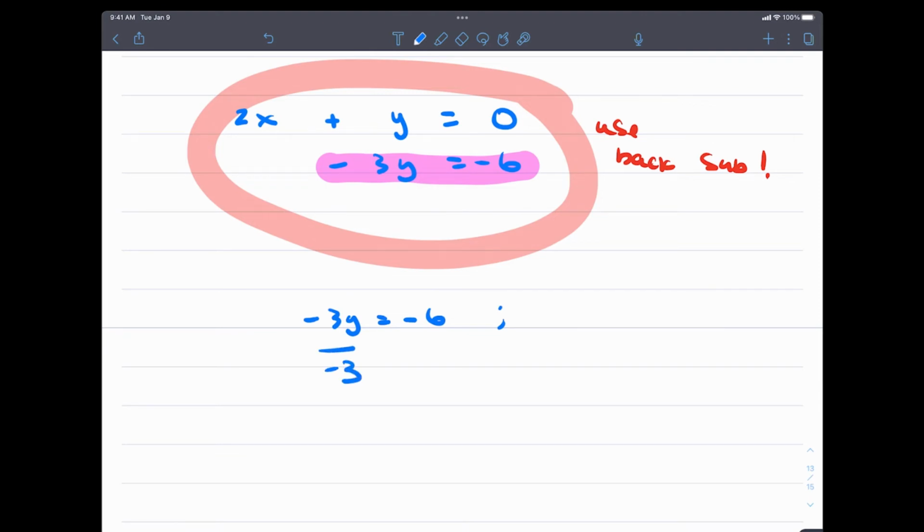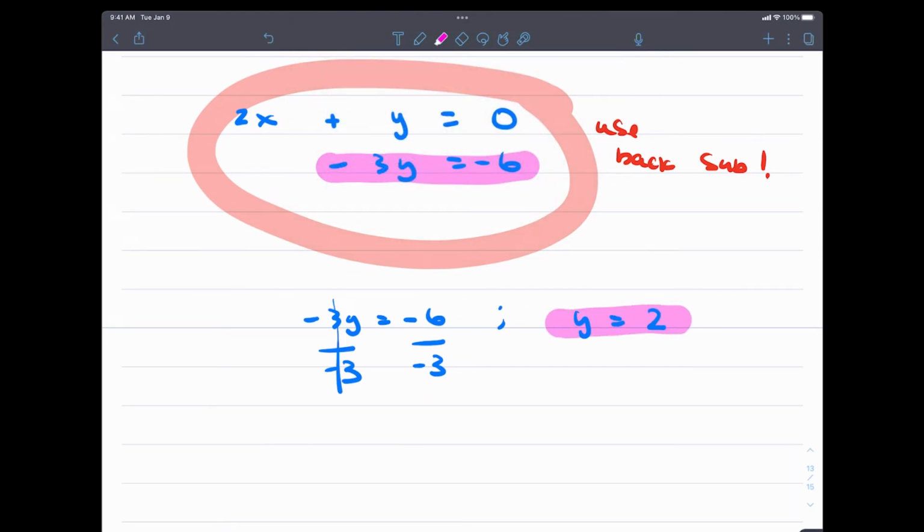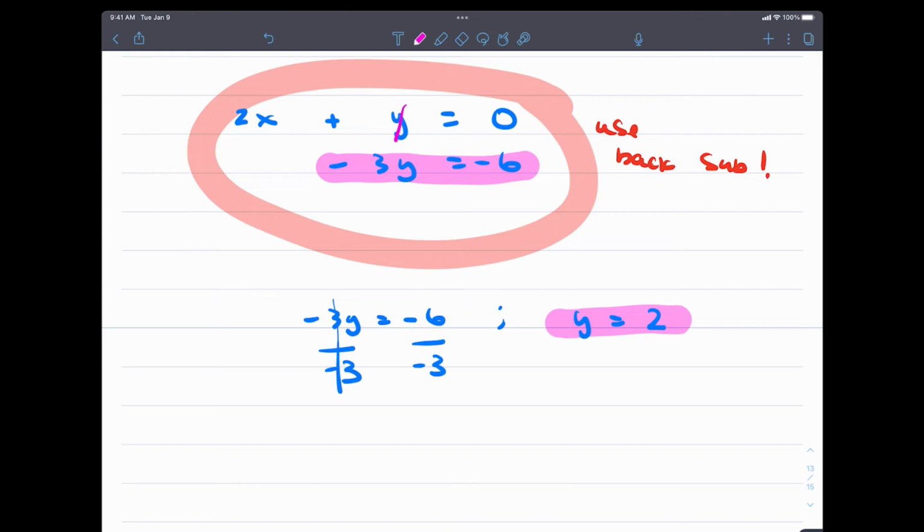Yeah, you divide both sides by -3, right? And a negative over a negative is a positive. And ladies and gentlemen, there's your y value. Okay. Anybody get the x value? Here's y.